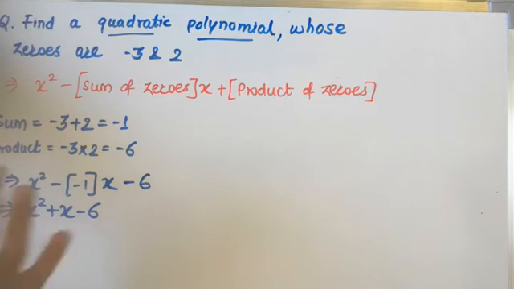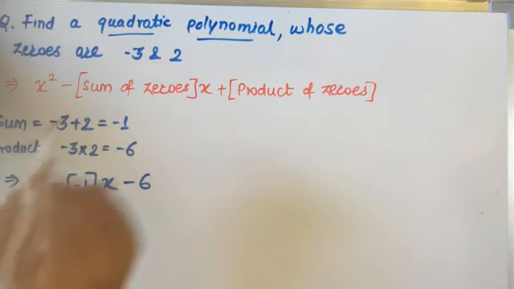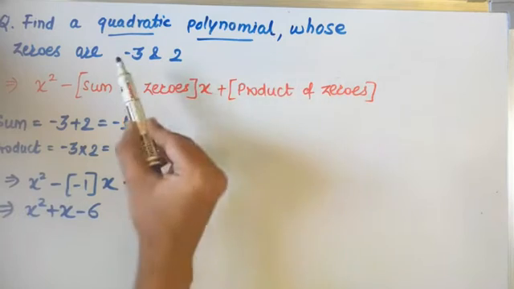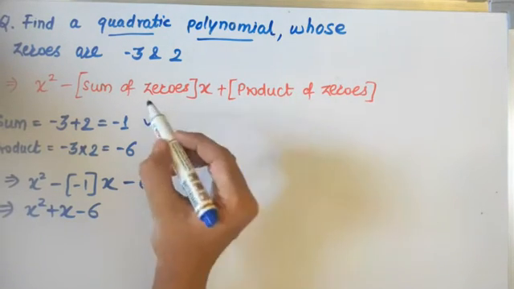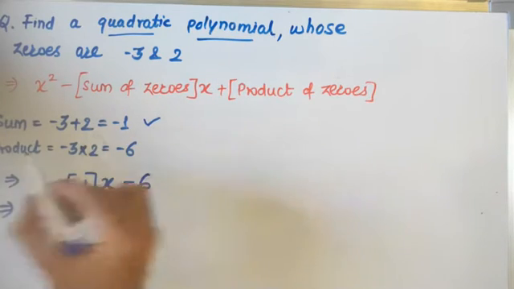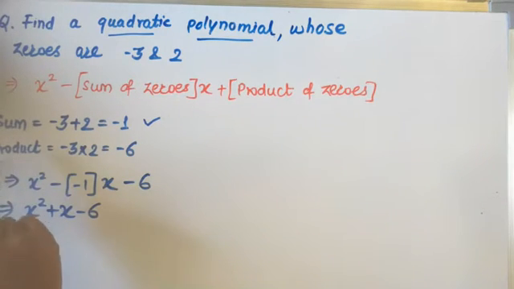So this is the third type of question in which zeros are given and we have found out the equation. First of all, we have found out the sum of zeros, minus 3 plus 2 is minus 1, and second we have found out the product of zeros. What is the product of zeros?